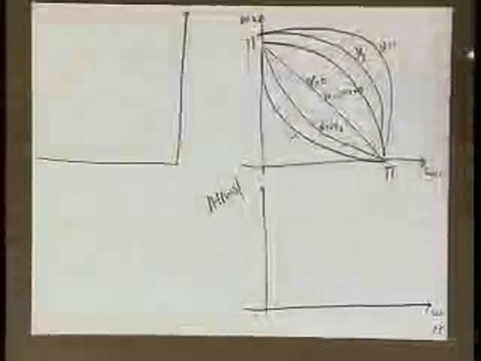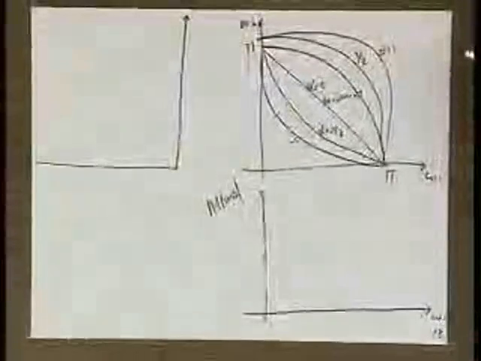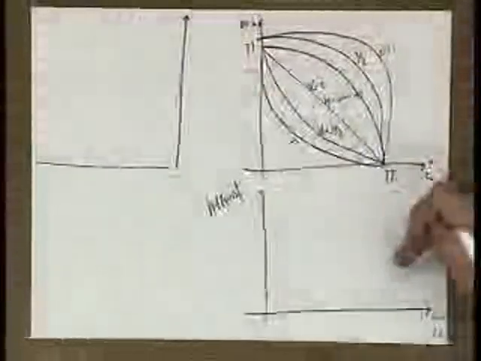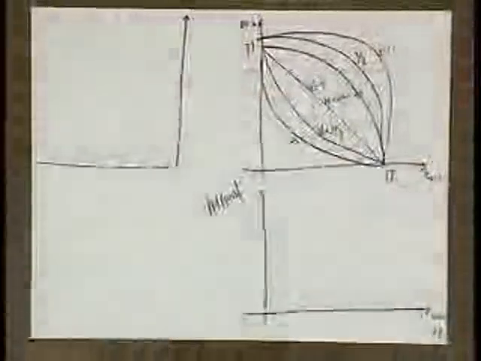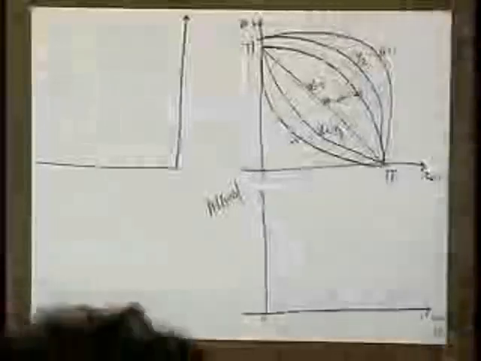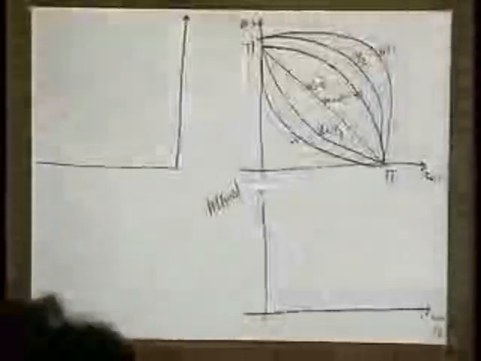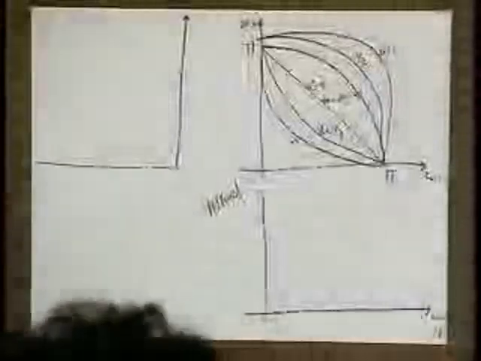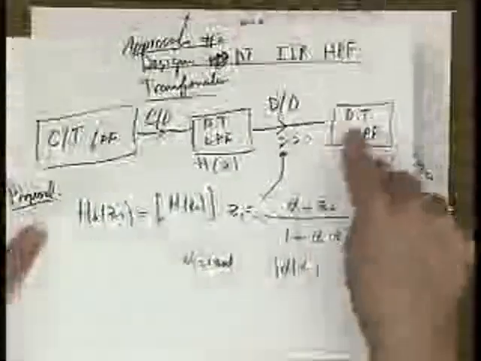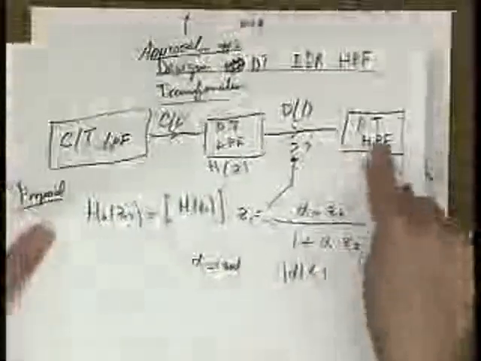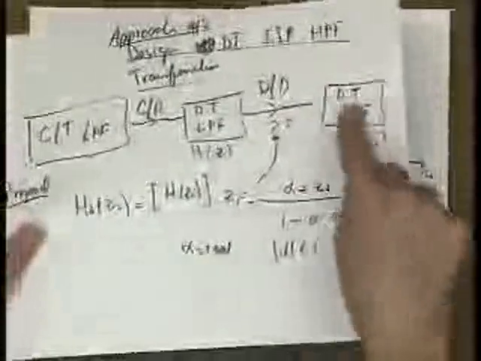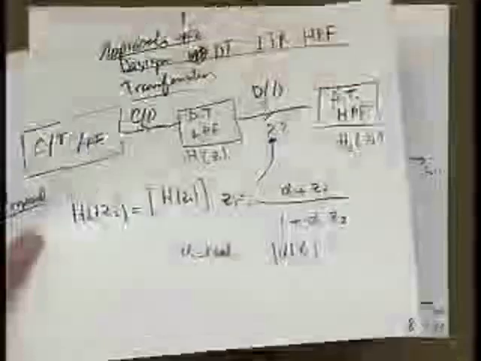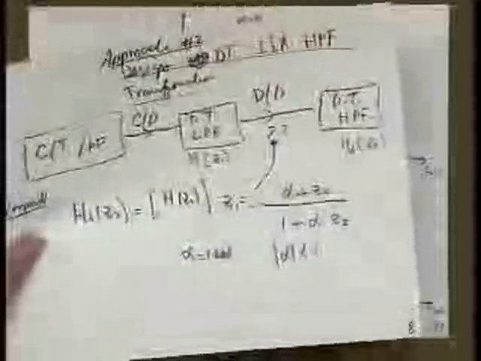We're given specs for a high-pass discrete time filter, and we want to translate those specs to a low-pass discrete time filter. This is our new picture, right? Ultimately, our goal is to design a discrete time high-pass. And so we're given specs for that, so we want to translate those specs to a discrete time low-pass filter. Okay.